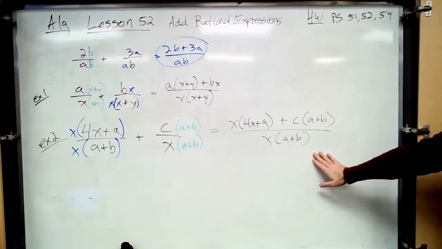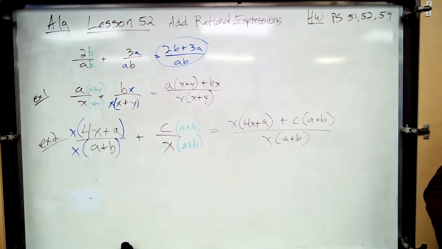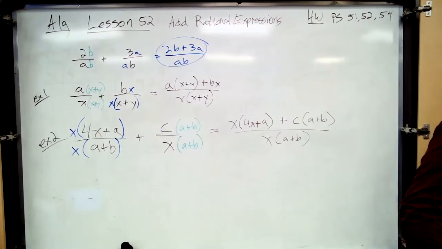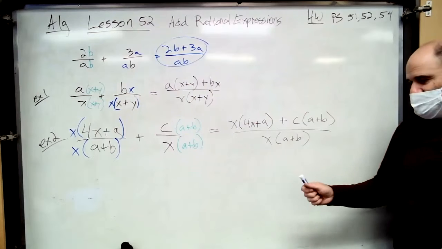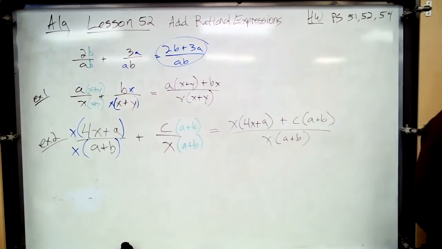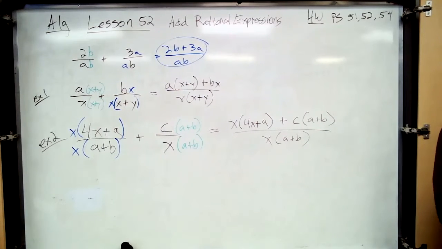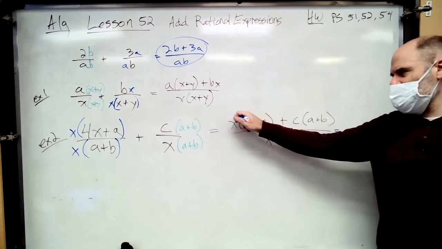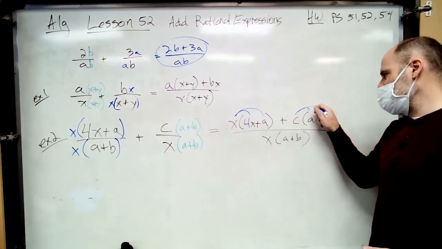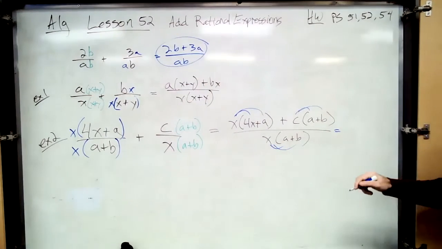Now, what's the enemy of simplifying? Parentheses. Remember, two steps of simplifying. You're looking for parentheses and you're looking for like terms. Well, the main reason for getting rid of parentheses is to see if you have like terms. But you won't. But if you write it like this, that's totally fine, you can just leave it. Or you can multiply it out, and you can do the same with the denominator too.